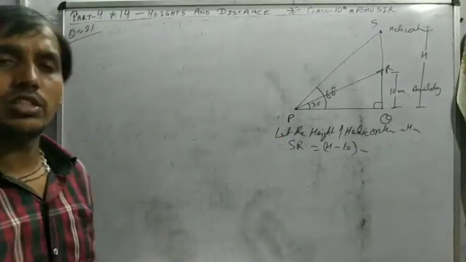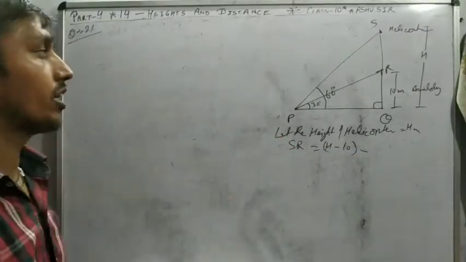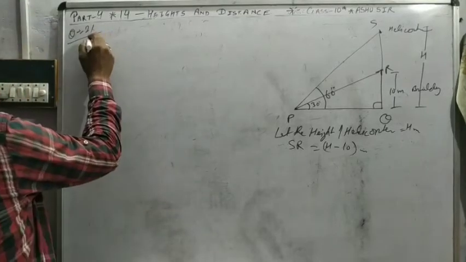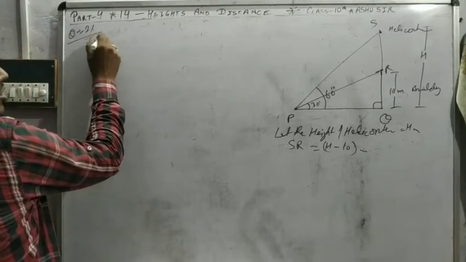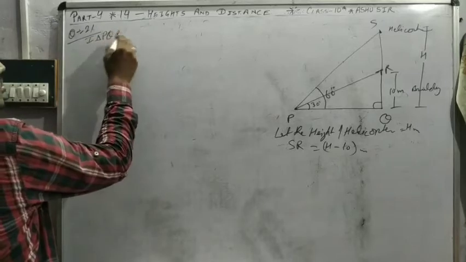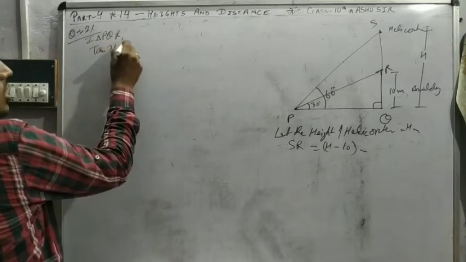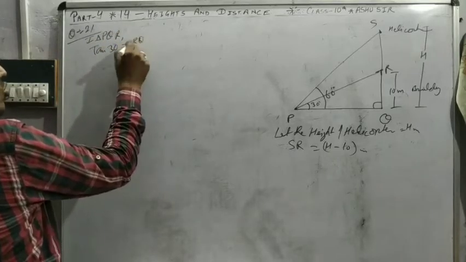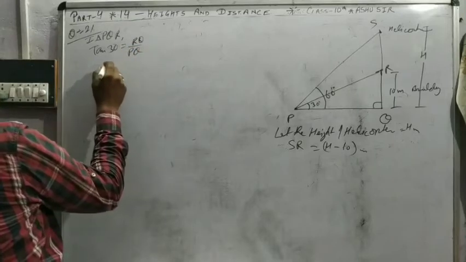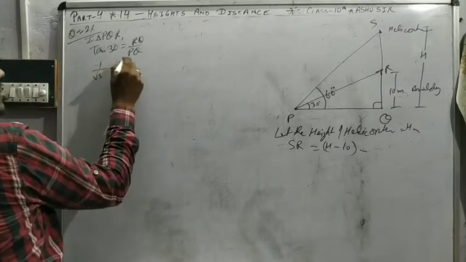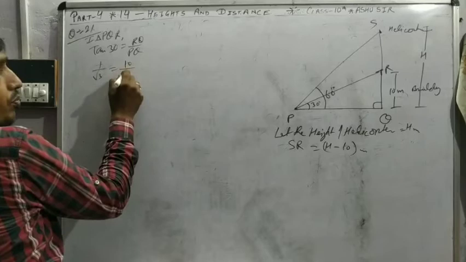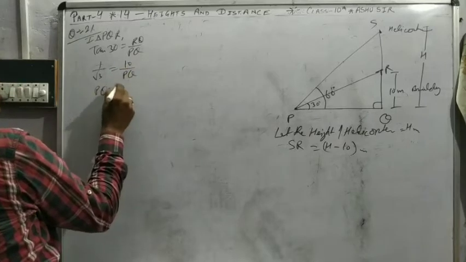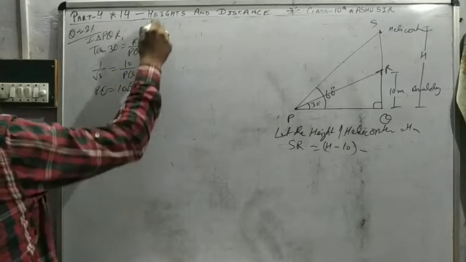Then same process, combine two triangles. In triangle PQR, tan 30 is RQ upon PQ, 1 by root 3 is 10 upon PQ, so PQ is equal to 10 root 3 meter.